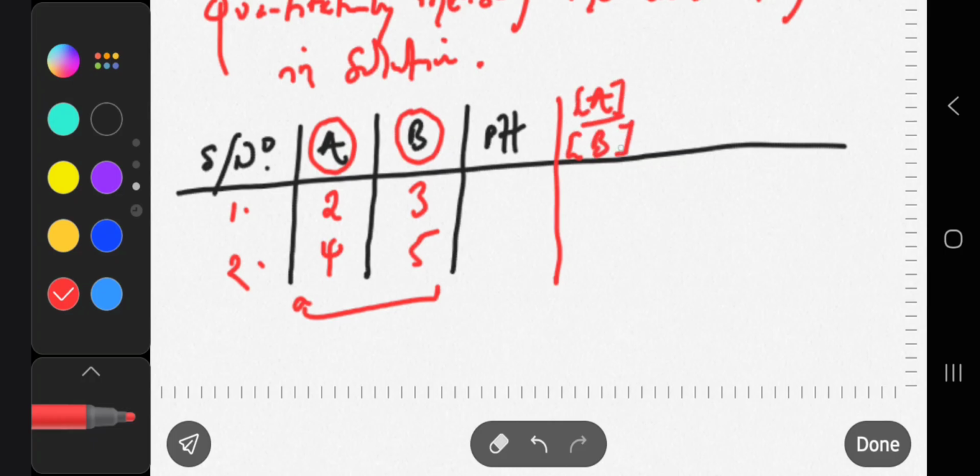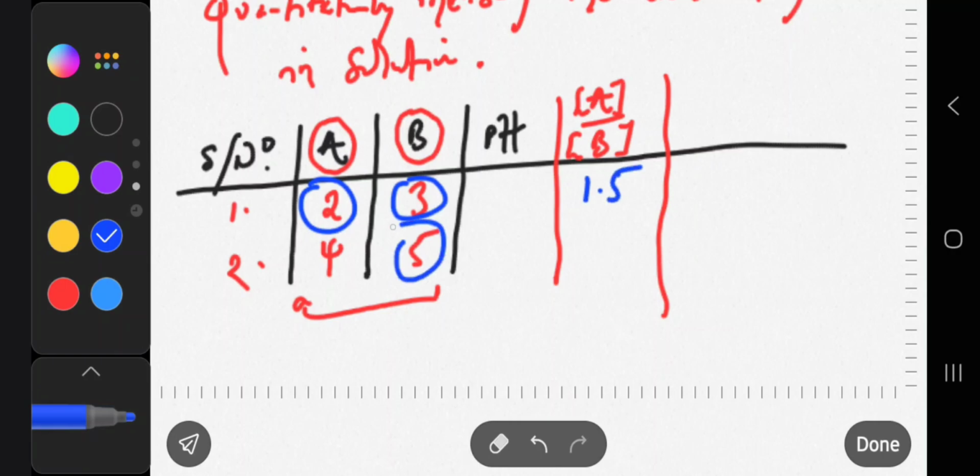In this experiment, the concentration is measured in terms of volume, so you're basically taking the volume. If you're doing A over B, that means you're saying 3 divided by 2, which is 1.5, like that. Then 5 divided by 4, whatever it gives you, you put it.